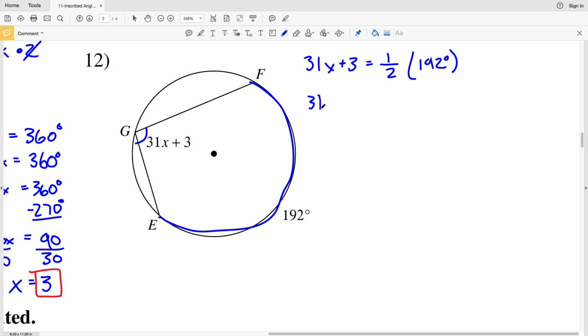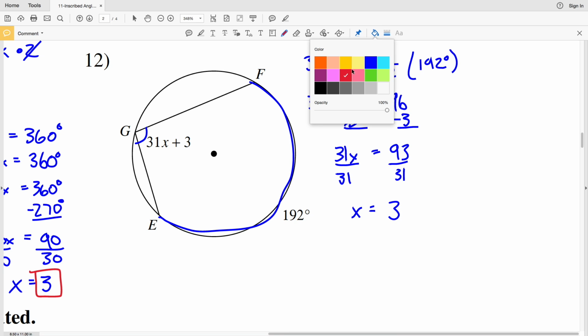So I'll have 31x plus 3 equal to 1/2, 0.5, times 192, which gives me 96. So now I'll subtract 3 from both sides to get that 31x is equal to 96 minus 3, which is 93. And dividing by 31, I'll get again that x is equal to 3. So x is 3 in number 12.